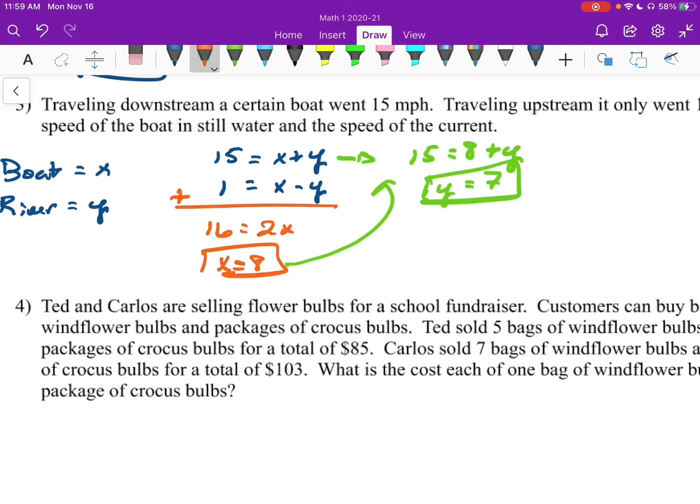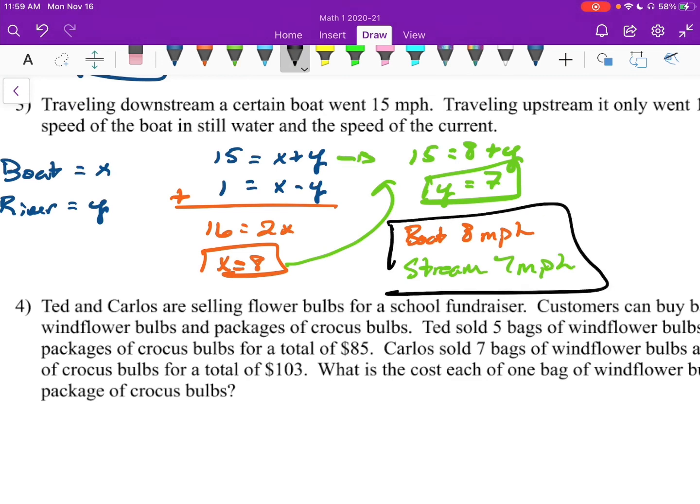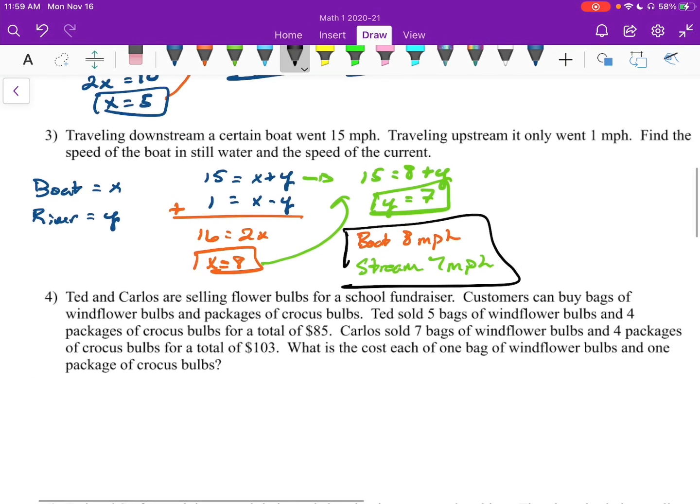So we said that x is the boat, so the boat is traveling at 8 miles per hour, and the stream is 7 miles per hour. There we are. So really it's kind of like one of the numbers 1 and 2, just in disguise.